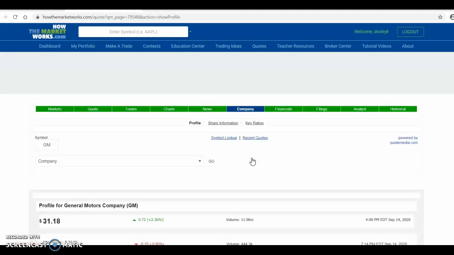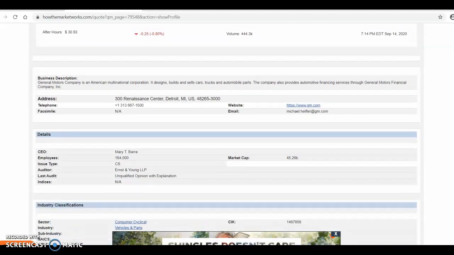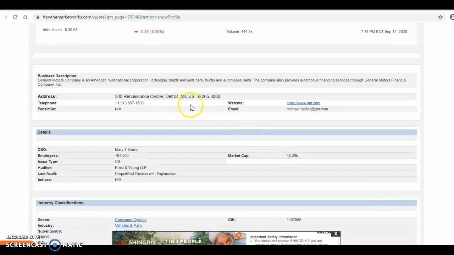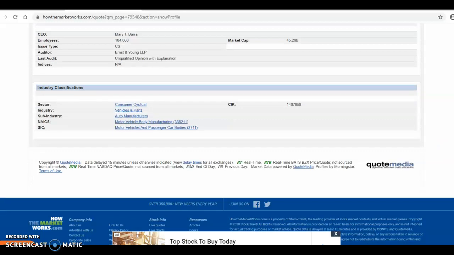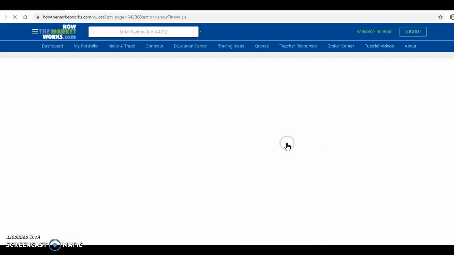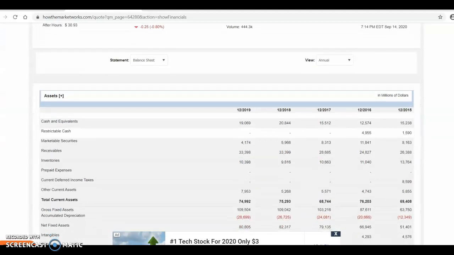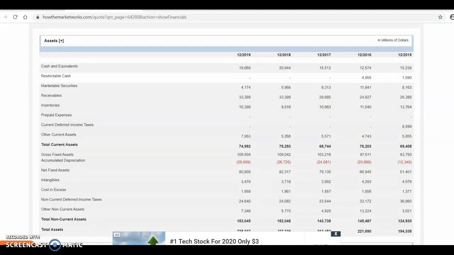If you press on company, here's some basic information about the company: where their headquarters is, who's the CEO, how many employees they have, who's their CPA, and what sector they're in. Just basic information. The financials are their financial statements, and you have to pick one company per month and actually look at their financial statements.